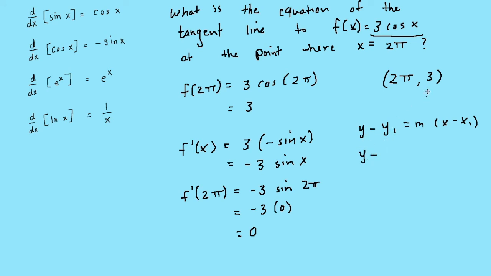Y minus y1, y minus 3 is equal to our slope times x minus x1, x minus 2 pi. Rearranging this, 0 times all of these things is just 0. And the equation of the tangent line to f of x equals 3 cosine x at 2 pi is just y equals 3.